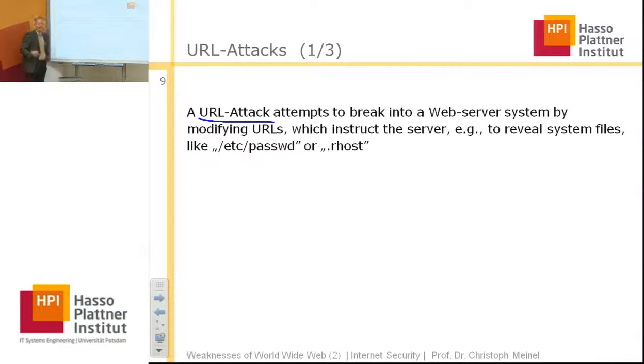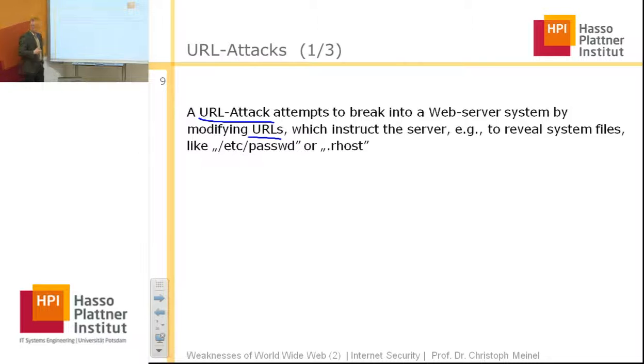So URL attacks are a typical CGI attack. The idea of a URL attack is that the attacker attempts to break into a web server system by modification of URLs.